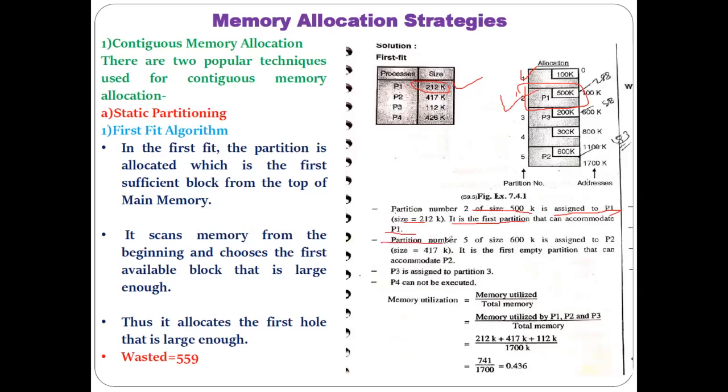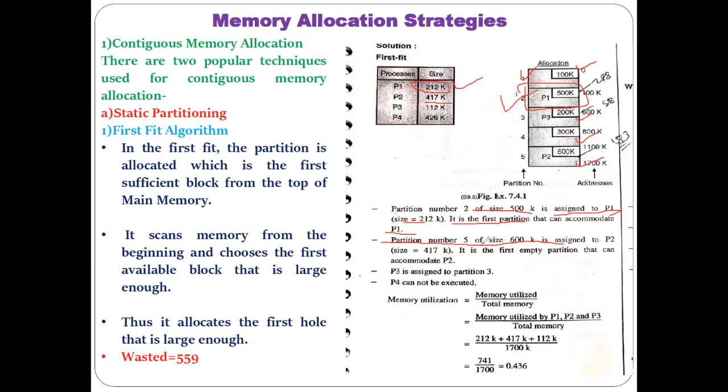Then partition number 5 of size 600K. Now our process P2 has the size 417. So can we put the 417 in this first partition? No. In the second, you have already put P1. Can we put the 417 in P3? No. Can we put the 417 in P4? No. Can we put the 417 in P5? Yes.